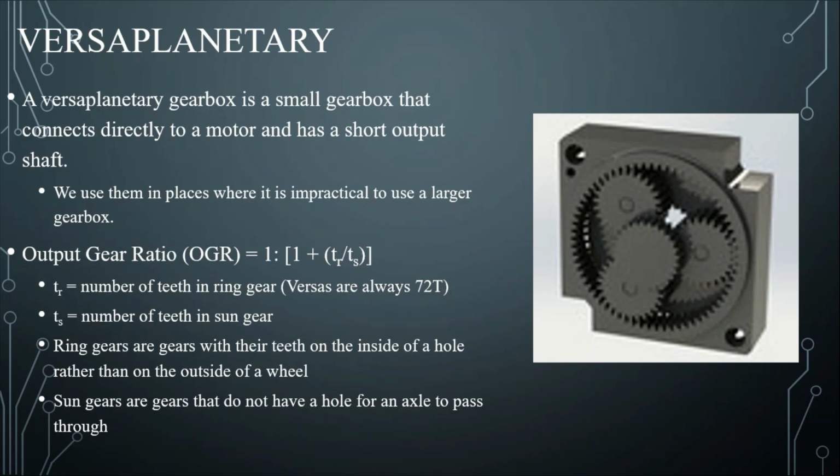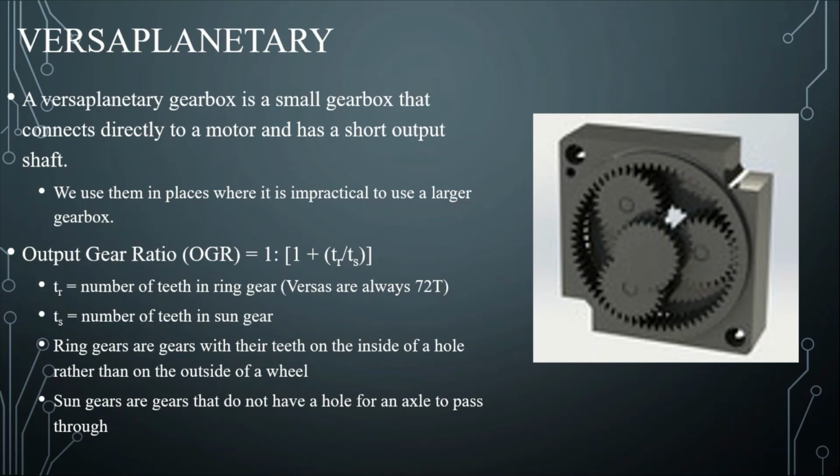But anyway, the output gear ratio for these is 1 plus the number of teeth on the ring gear, which has its teeth on the inside of it rather than the outside, like most gears. For versaplanetaries, that's always going to be 32 teeth.